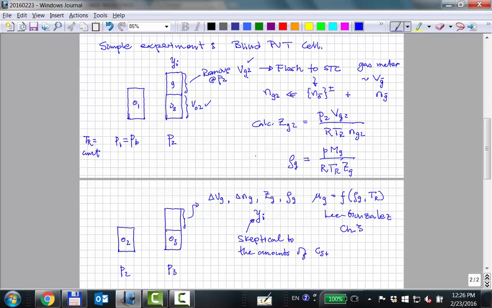Or I think in the old days they might have collected some of these. They would evacuate a glass bottle, and they would fill that with the gas until the pressure reached short of 1 atmosphere, because otherwise the glass would explode. So they would literally measure the weight.